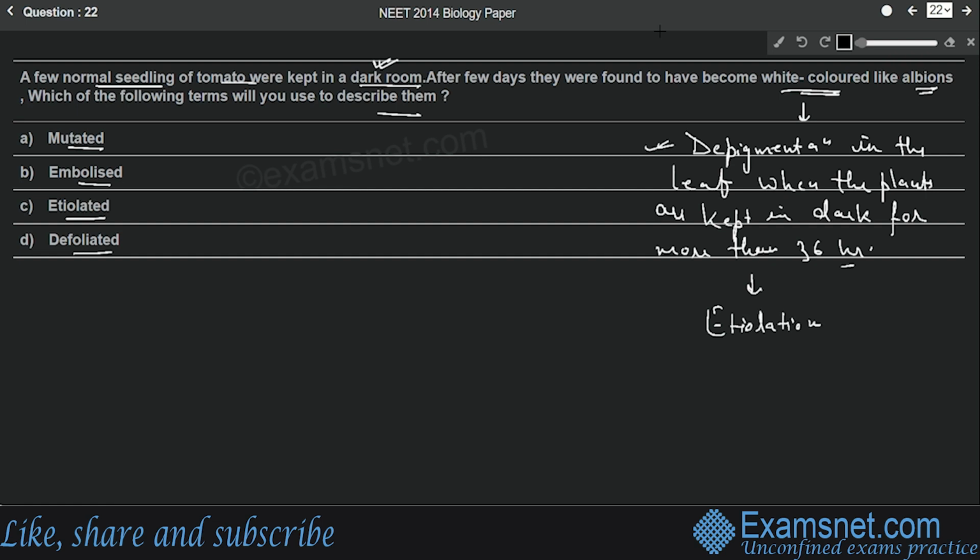Okay, so we can say that the normal seedlings of the tomato that turned white color were etiolated. So option C will be the correct answer.